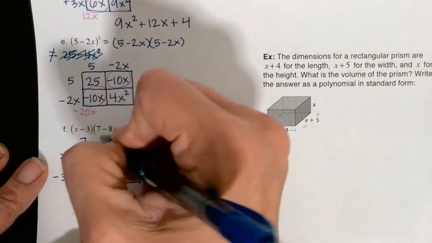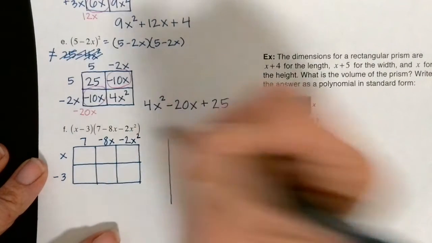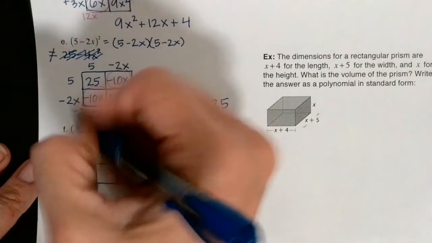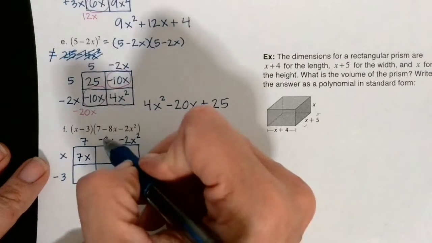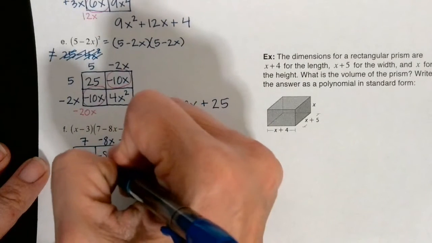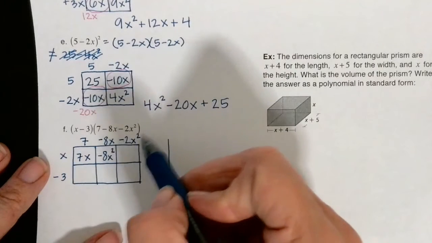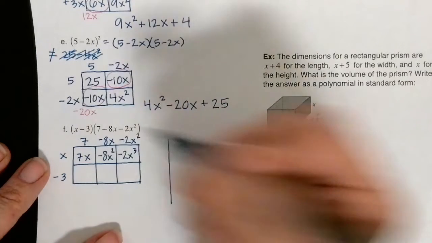So 7, negative 8x, negative 2x squared. Okay, so now we're just going to multiply. x times 7 is 7x. x times negative 8x is negative 8x squared. x times negative 2x squared is negative 2x cubed, because you'd have 3 x's.